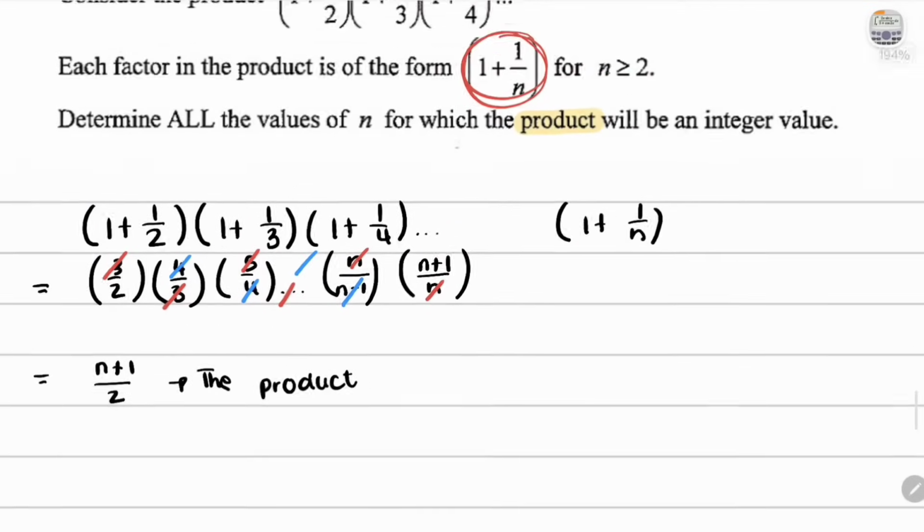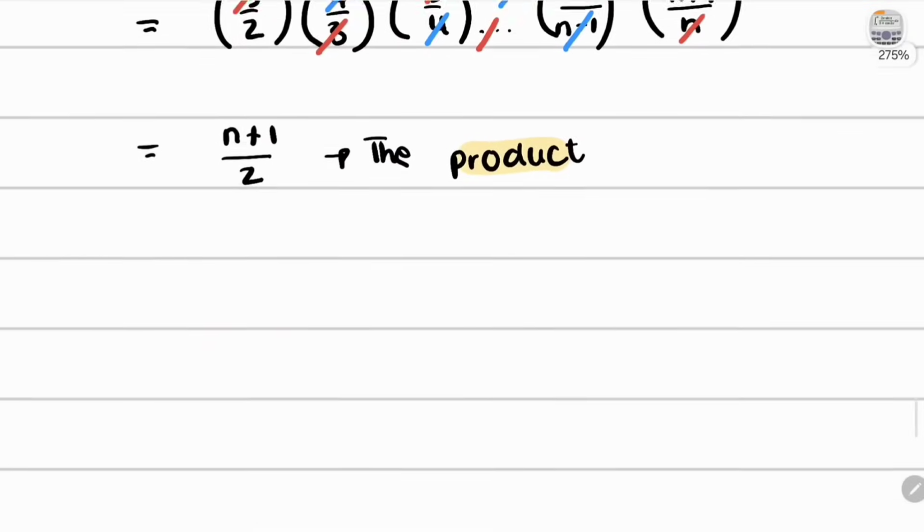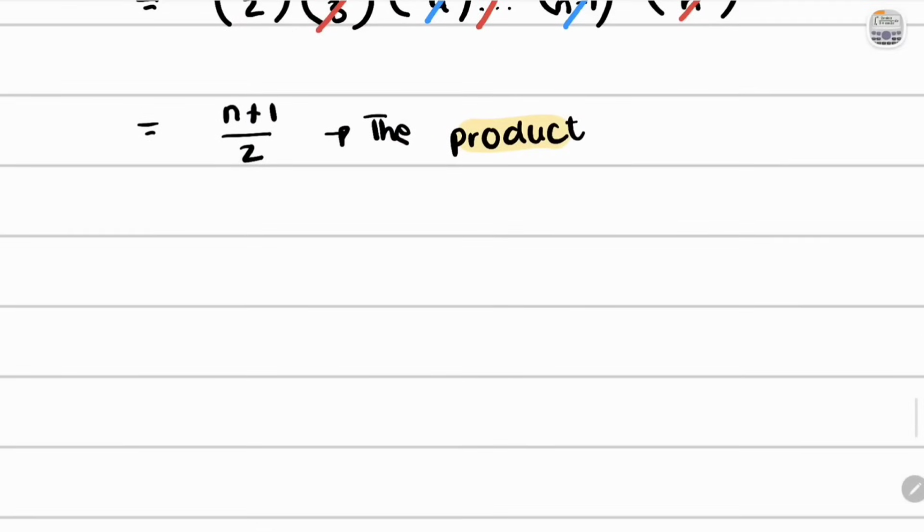Now the main question is to determine all the values of n for which the product will be an integer value. So for which values of n will this remain an integer value? For this to remain an integer value, then because it's divided by 2, you need to ensure that the number on top is also divisible by 2. In other words, we're really saying that n plus 1 needs to be even.